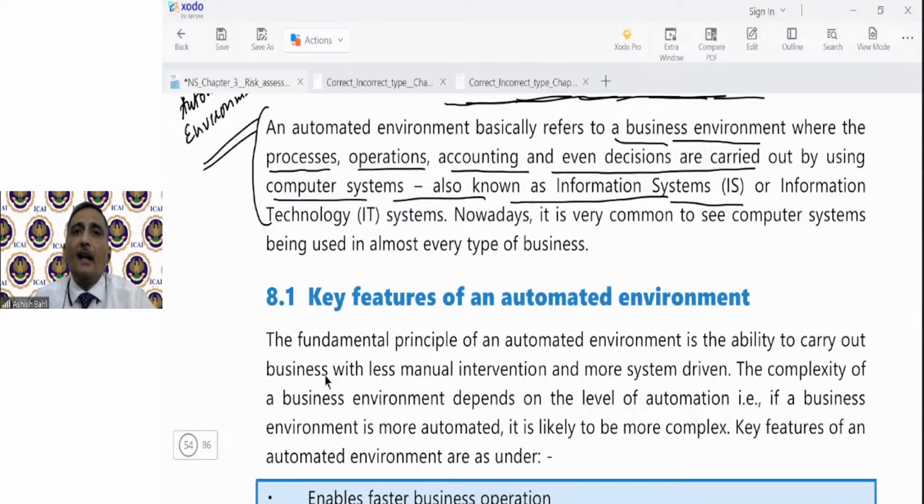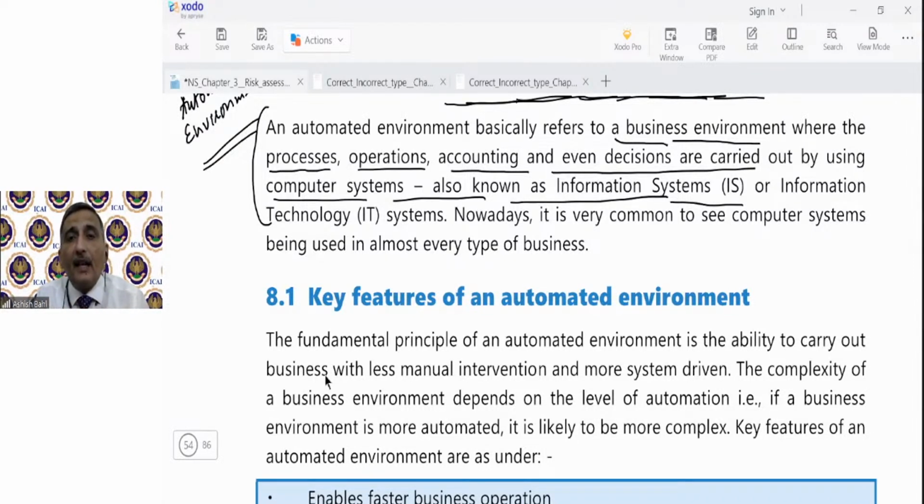And students, you have to remember that the more a business environment is automated, the more complex it is. It doesn't become simple. This is the key point you have to remember in case of an automated environment.